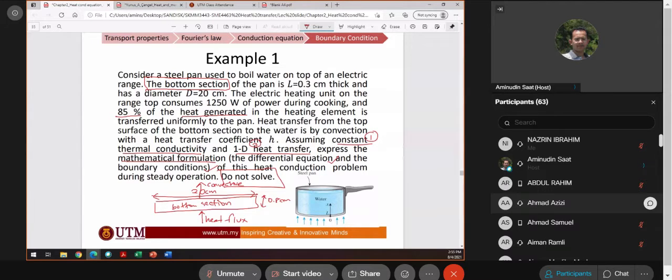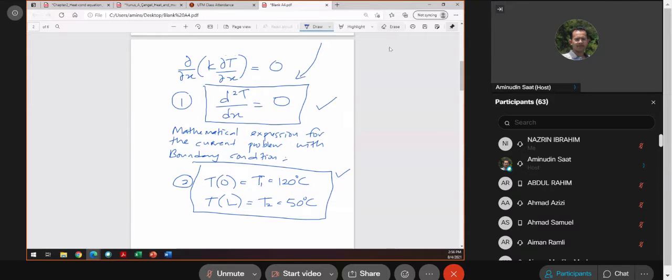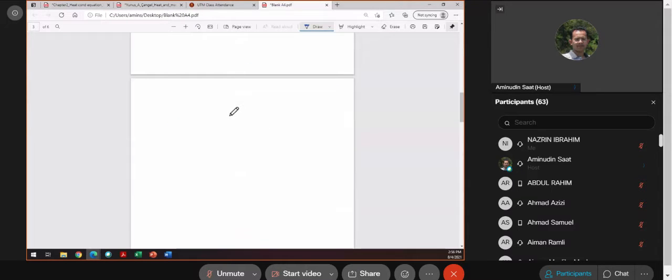So if you want to answer this, let's say you want to solve this problem. First, you need to draw the schematic.